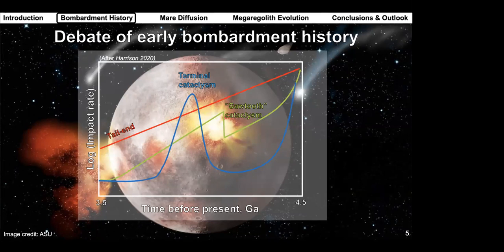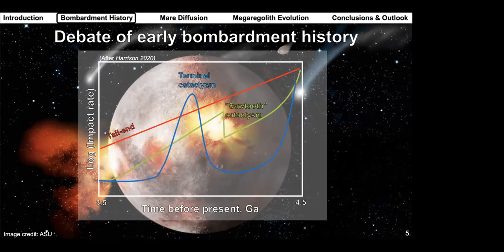Typically, as shown in this histogram, there are three types of models. The very typical one is the tail end accretion model, this red color. This model suggests the impact rate gradually decreases with time.